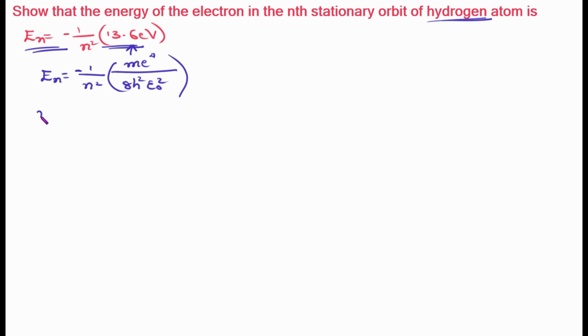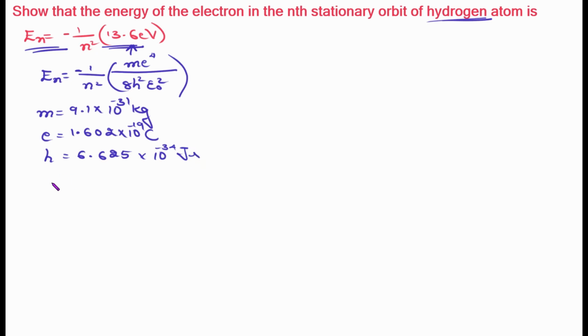So the constant values are: m is equal to 9.1 into 10 to the power of minus 31 kg. The e value is 1.602 into 10 to the power of minus 19 coulomb. The h value is 6.625 into 10 to the power of minus 34 joule second.